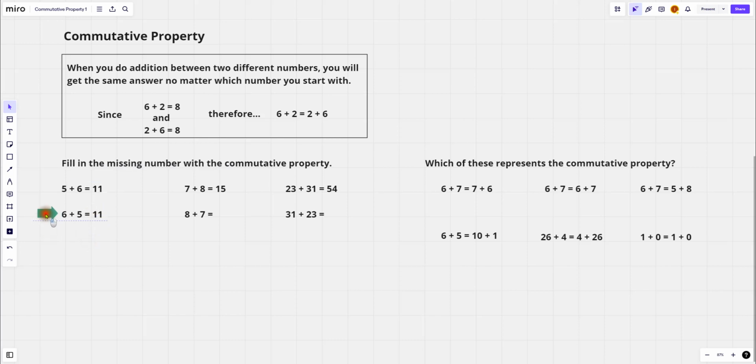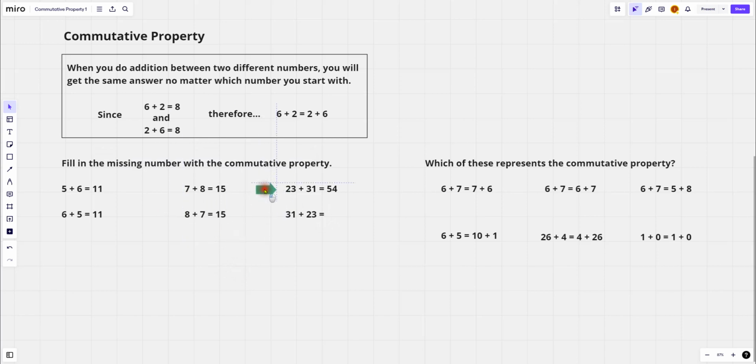You know 6 plus 5 equals 11 because 5 plus 6 equals 11. If the commutative property is true for addition, which it is, and you know 7 plus 8 equals 15, then if you switch them around, 8 plus 7, what's the answer? 15, right? And so you may have to fill in these missing numbers here.